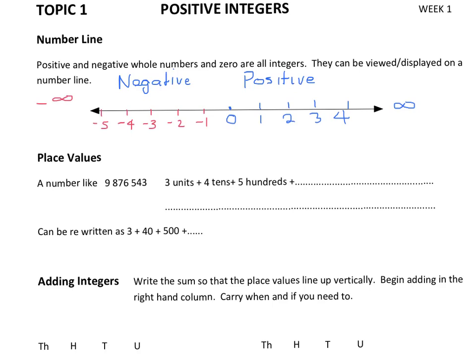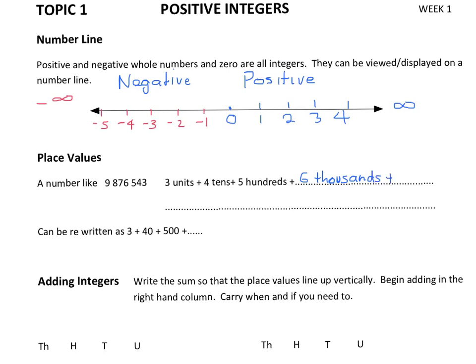Now we're going to look at a number, and we're going to begin with the number 9,876,543. That's actually a shorthand way of writing the number, because if you think about it, each of those digits in the number has a place value. The 3 is a unit, the 4 represents 40, so it's a 10, the 5 represents 500, so it's 100, and therefore the 6 is in the thousands position, so we can think of adding 6,000.